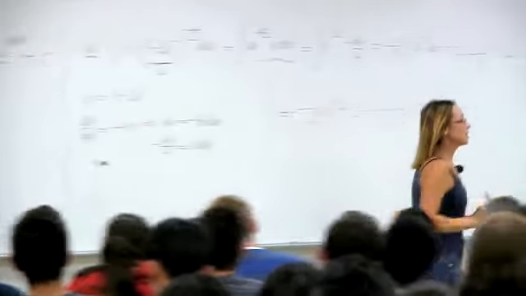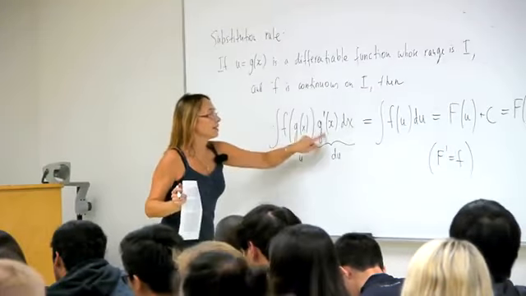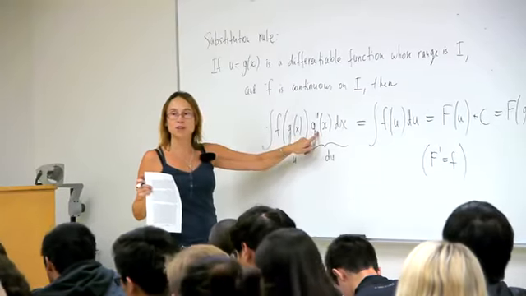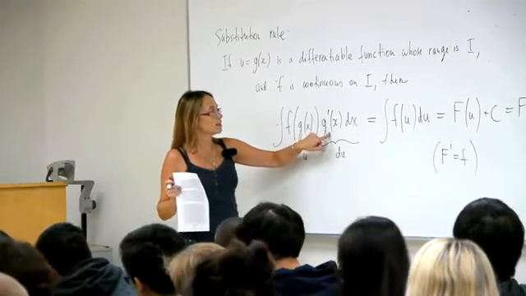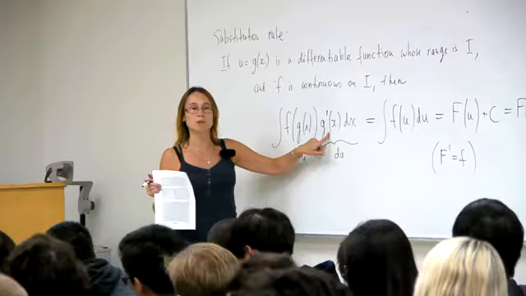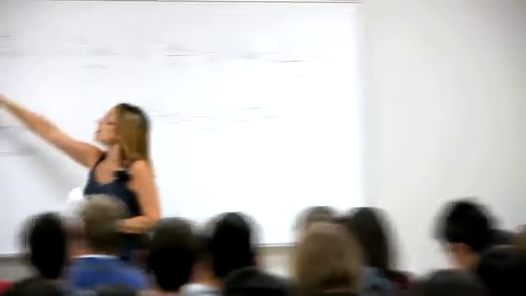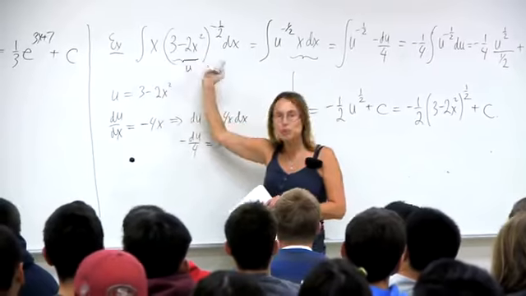So if I go back to the statement of the theorem, I have a function of a function, f of u, and I have the derivative of that function stuck here inside the integral. This is a necessary component for this method to work. If I didn't have this x here, I wouldn't be able to do this.